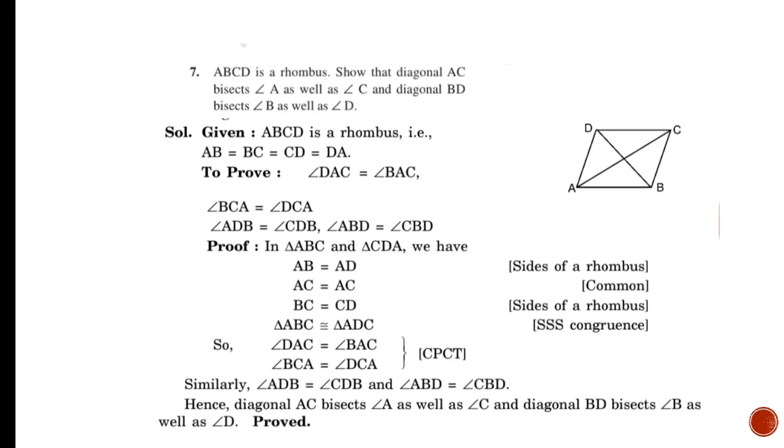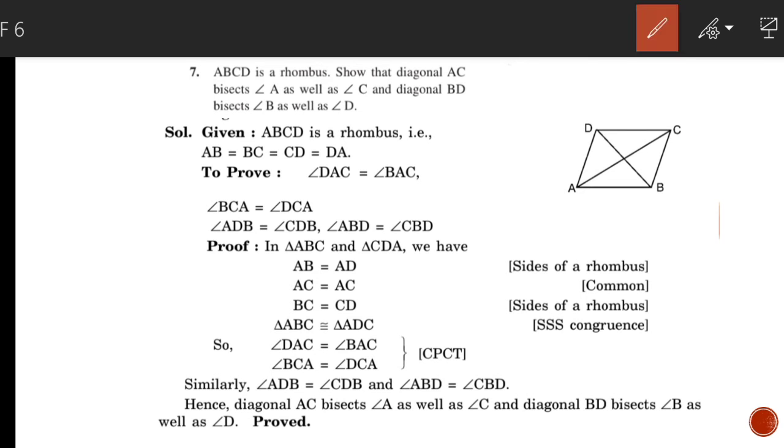Now question number 7. In question number 7, it is said that ABCD is a rhombus. Show that AC bisects angle A as well as angle C, and the diagonal BD bisects angle B as well as angle D. So for this, it is given ABCD is a rhombus.